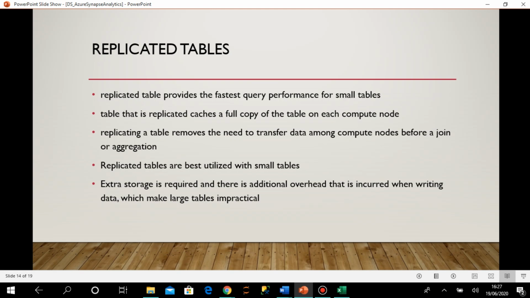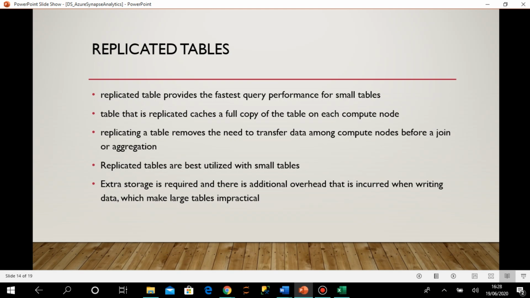So we understood these three types of tables. A hash table is always good for large tables. You should have a very good hash function for that, which makes processing efficient. Then comes round robin, where we don't have to think of very complex logic for distributing the data, but many times it may need reshuffling of the data because it's a totally random distribution. A replicated table is good for small tables.